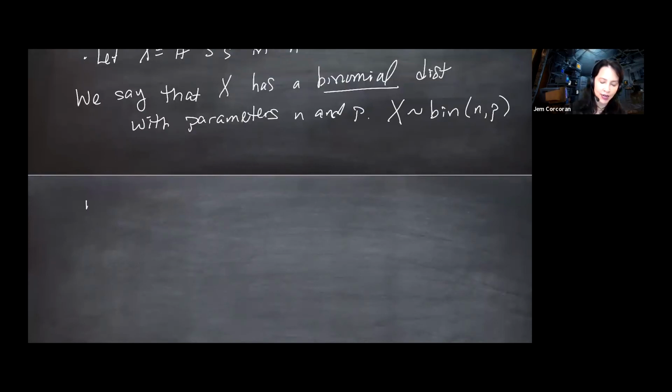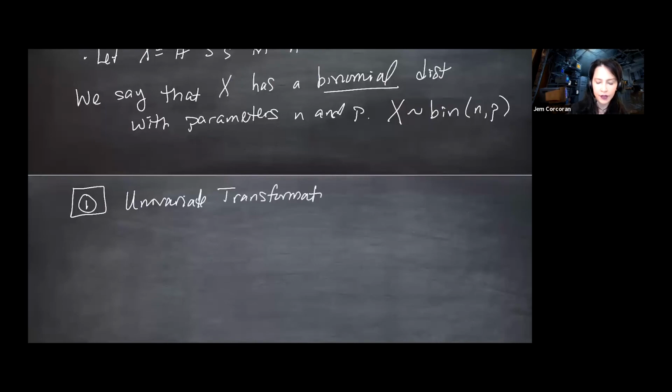So 1 in a circle in a box, so we can recognize it because this list is going to go on for a few classes, is the first of the 4 important tools. So this is the univariate transformations. The 4 important tools are going to be numbered in a box. Okay, so part A of that is discrete transformations.